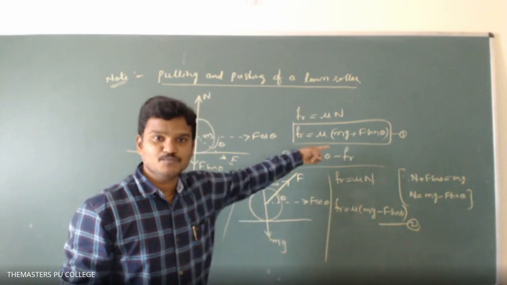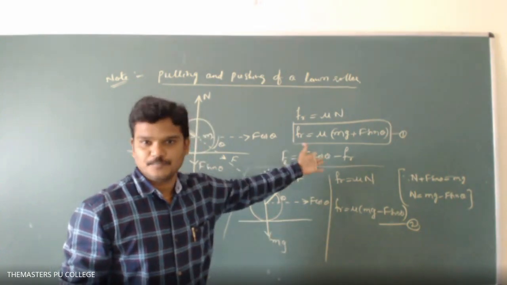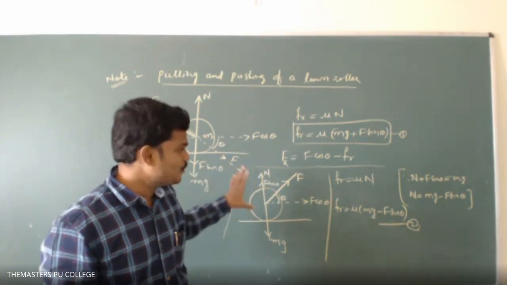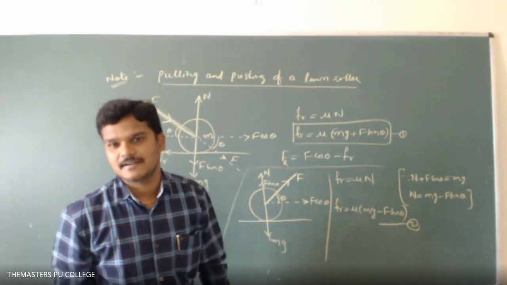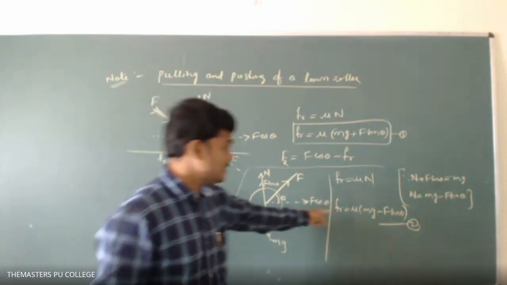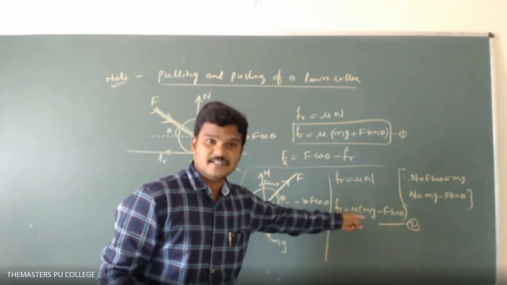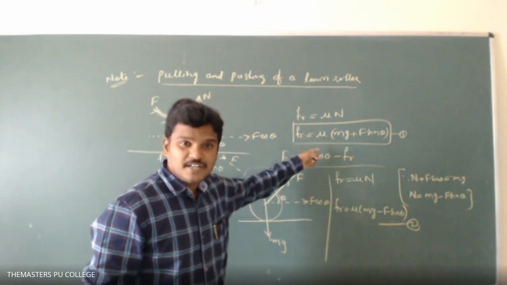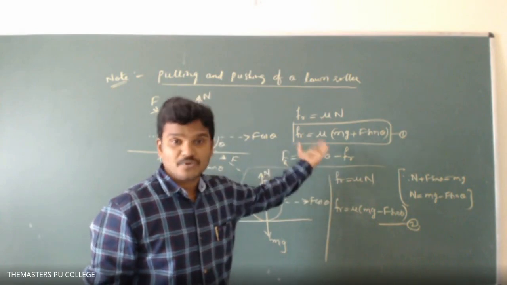If the frictional force is more, we cannot pull. So tell me whether pulling is easy or pushing is easy. Pulling is easy, because in pulling the frictional force is less, and in pushing the frictional force is more.